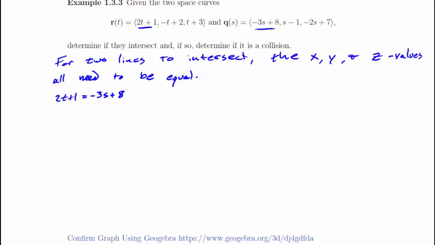So we don't want to use the same variable and assume that they're traveling at the same time. So for my second component, we have negative t plus 2 equals s minus 1. For my third component, we have t plus 3 equals negative 2s plus 7.